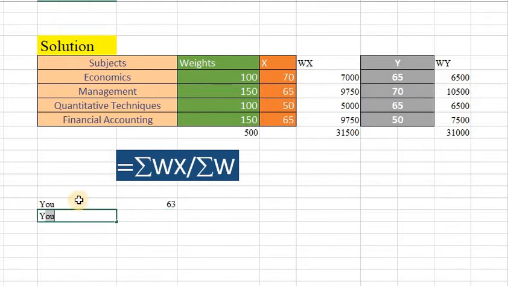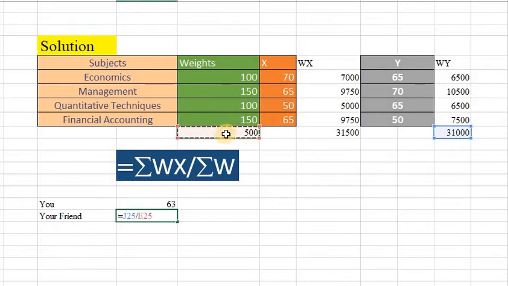And your friend: summation WX is 31,000 divided by total weights. Total weights is common for both the candidates, so it is 500. So your friend's weighted arithmetic average is 62.